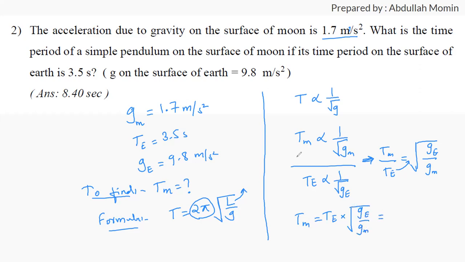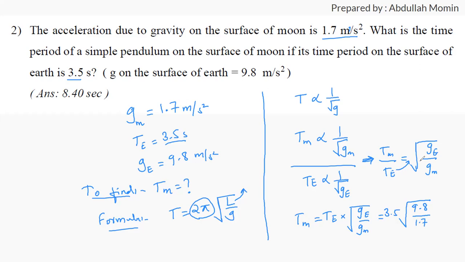So what is the value of Te? Te means time period on the surface of earth, which is given 3.5, and the acceleration due to gravity on the surface of earth is 9.8. Acceleration due to gravity on the surface of moon is 1.7.